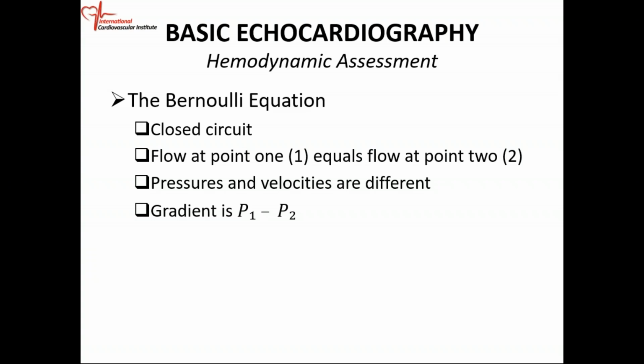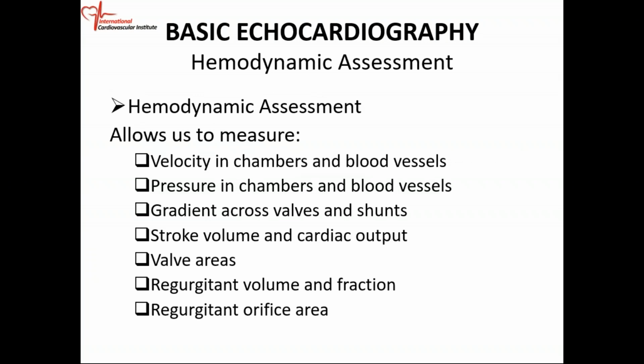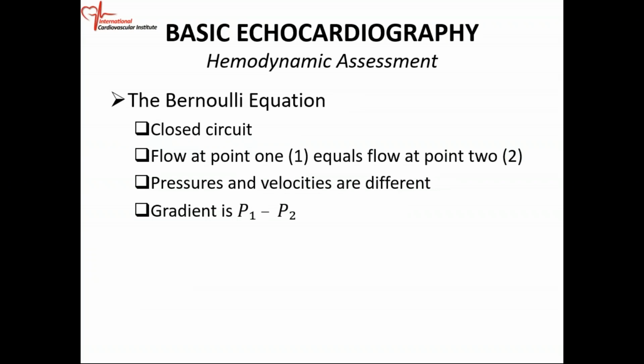The first thing we're going to look at is our Bernoulli equation. The Bernoulli equation looks at flow in a closed system or a closed circuit. If you have a closed circuit, the principle states that the flow at one point is equal to the flow at another point in the system.